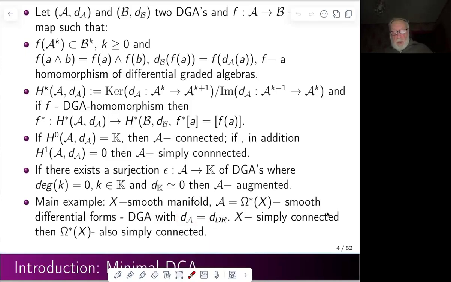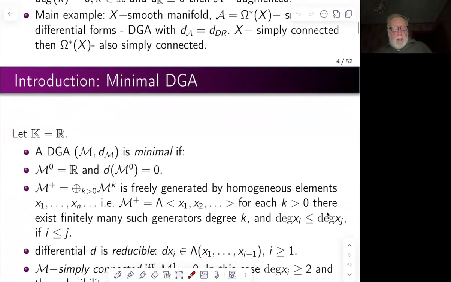This example of a differential graded algebra is an example of simply connected. And of course, if our variety X is simply connected, then our algebra is also simply connected in the above sense.